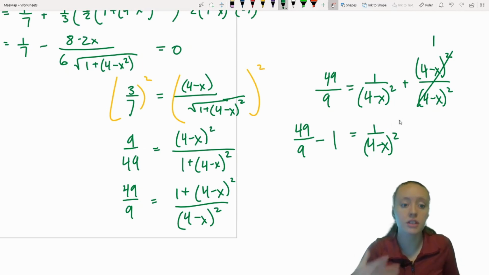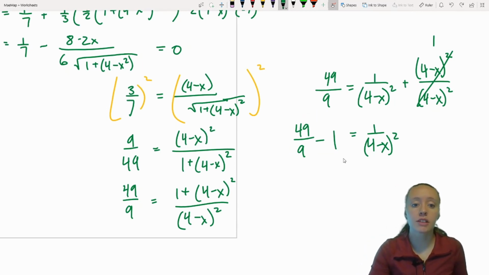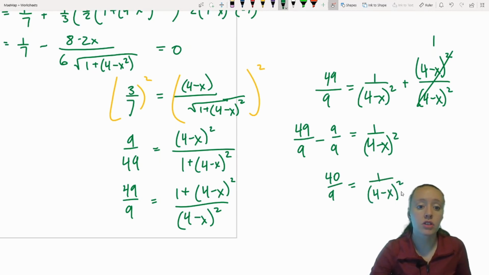So I'm getting closer. This is simplifying down now, but I don't want to have 49 over 9 minus 1. I'm going to do 49 over 9 minus 9 over 9, because if I do that, I'll be able to get a common denominator. So I'll get 40 over 9 is going to be equal to 1 over (4 minus x) quantity squared.